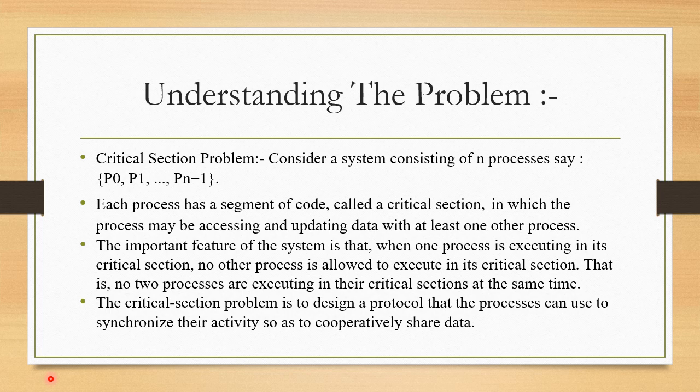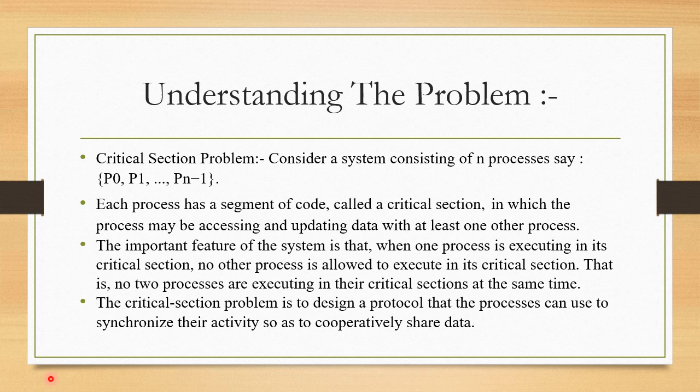Each process has a segment of code called a critical section, in which the process may be accessing or updating data shared with at least one other process. So, we have established that we must have a minimum of two processes, and each process has a segment of code that's called the critical section, and the rest of the code comes under the remainder section.